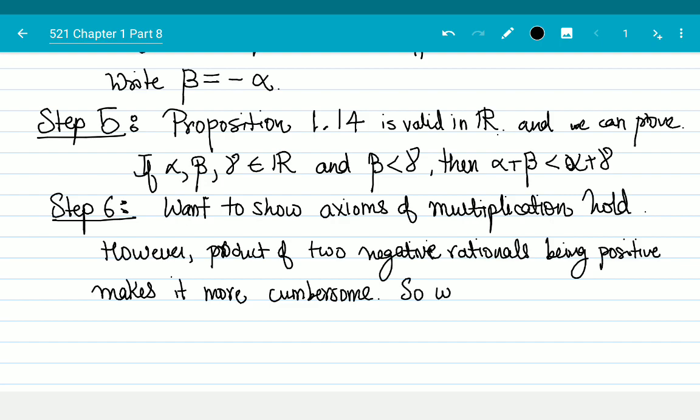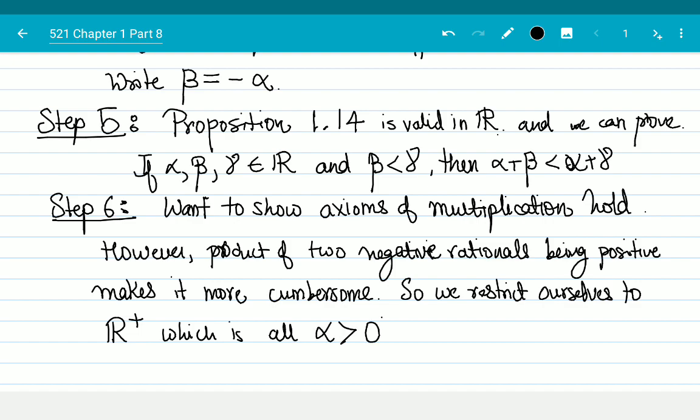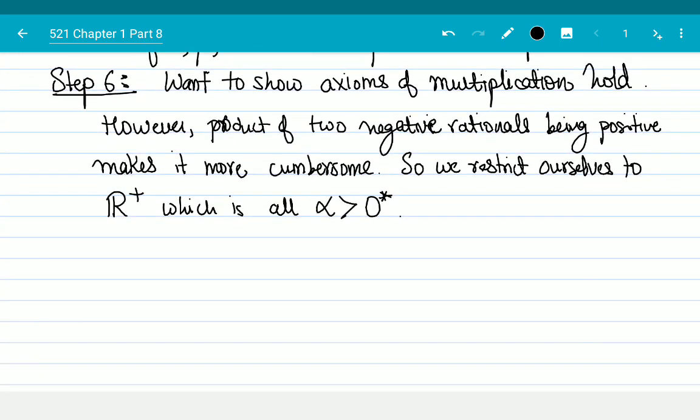So we restrict ourselves to R plus, which is all alpha greater than 0 star. First we say that we are only going to define multiplication for positives, then we'll deal with the rest.